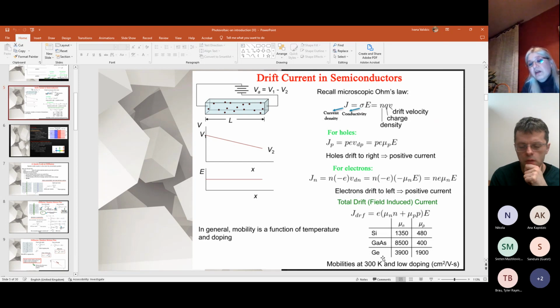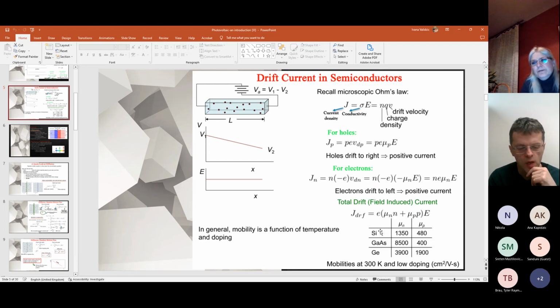So by the mobility of electrons and holes, you can even explain it. So it basically depends on the reduced mass, as you said, of electrons and holes, and also on the mass of the atoms found in those semiconductors.